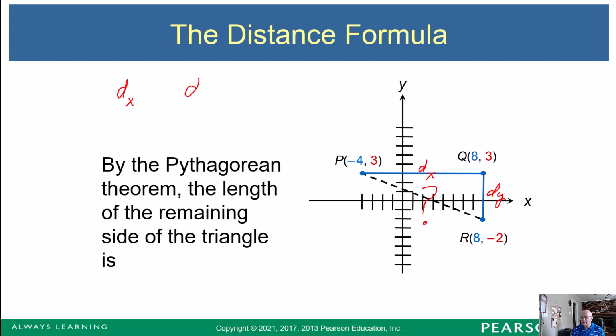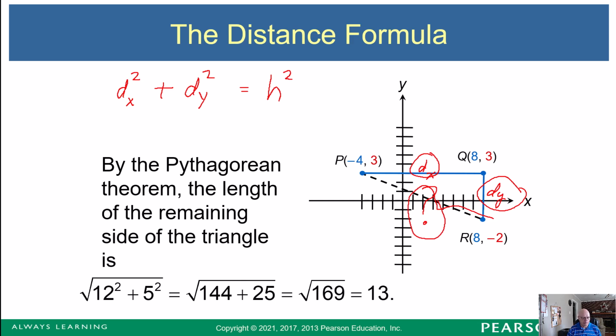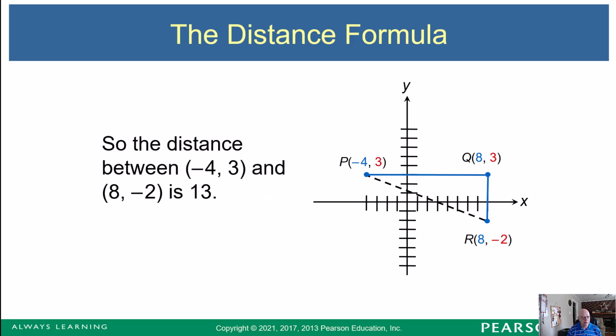This is called the hypotenuse, and the connection, which you've probably heard of before, is if you square the x distance, square the y distance, and add them together, you get the square of the hypotenuse. So this squared plus this squared equals this distance squared. So the distance between those 2 points P and R is 13.